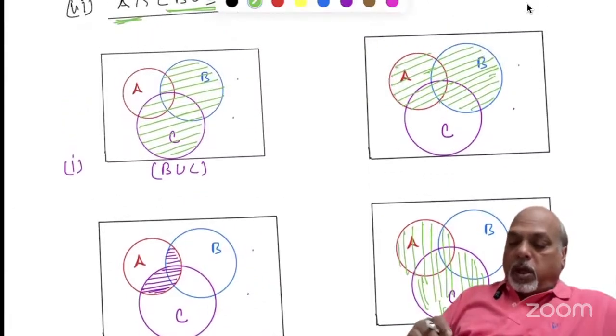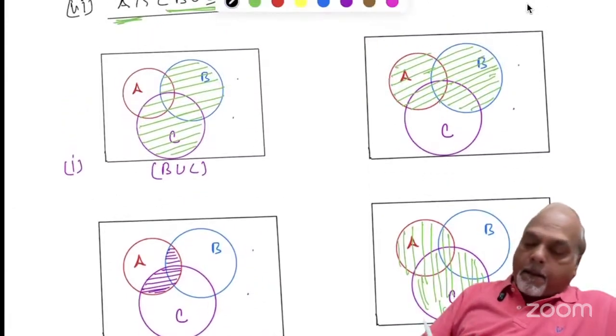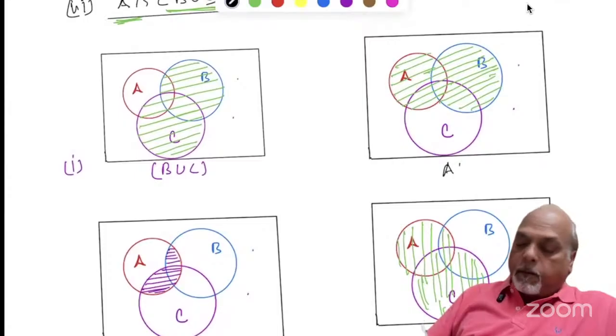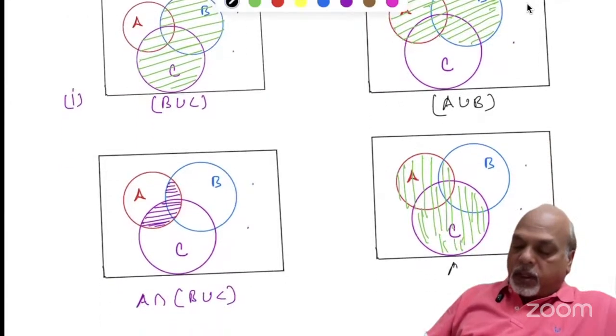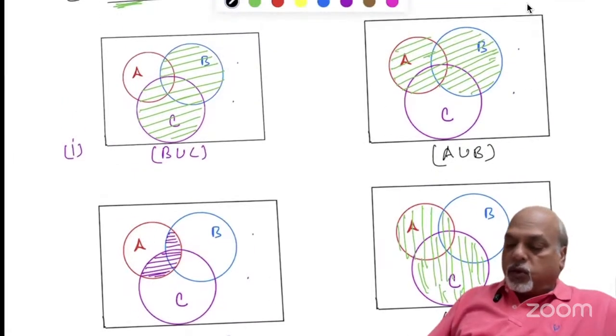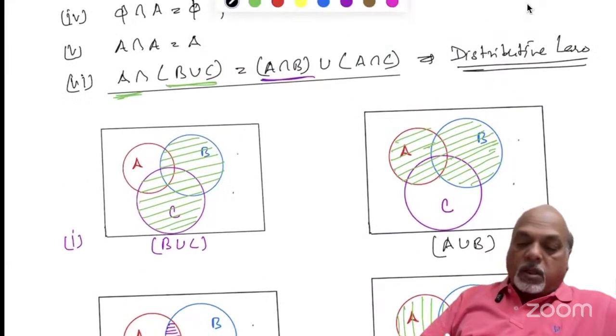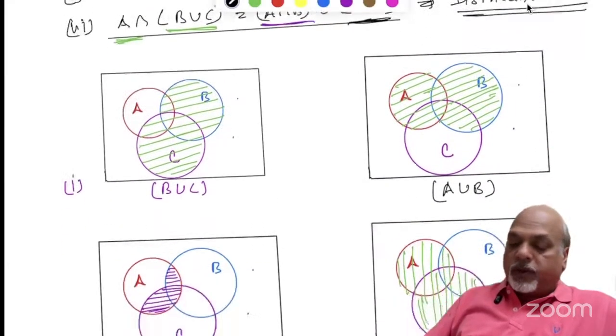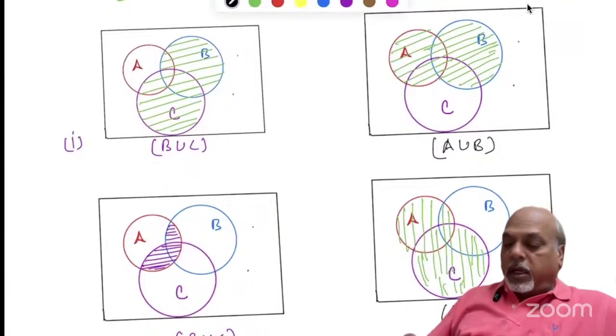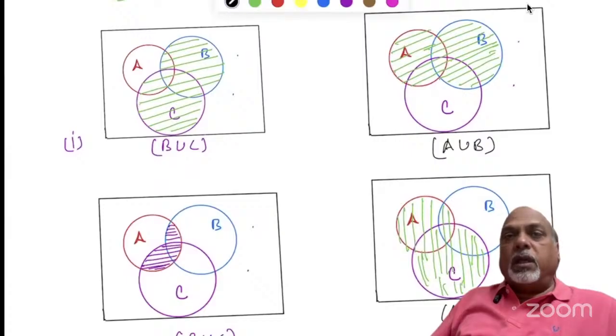Now just see these two figures, A union B and A union C. We have to find the intersection of these two figures.